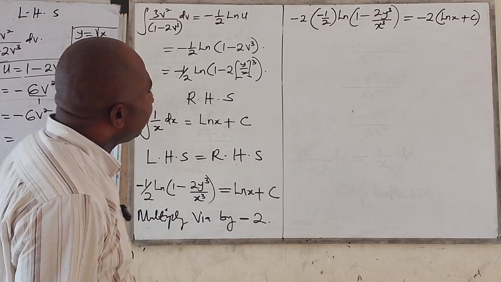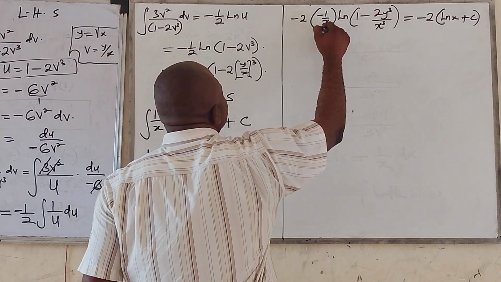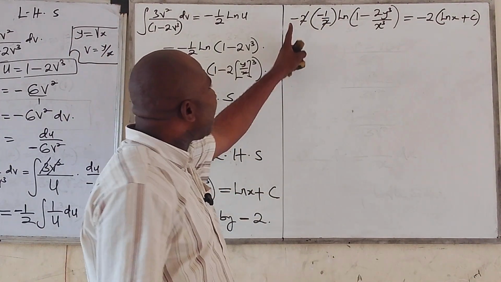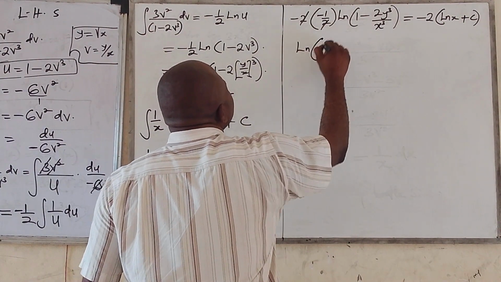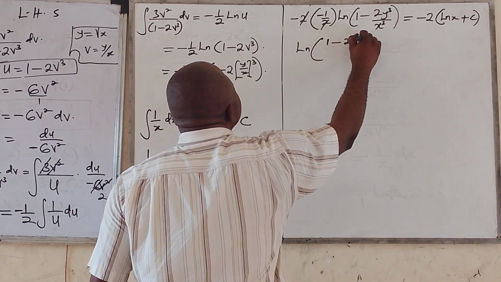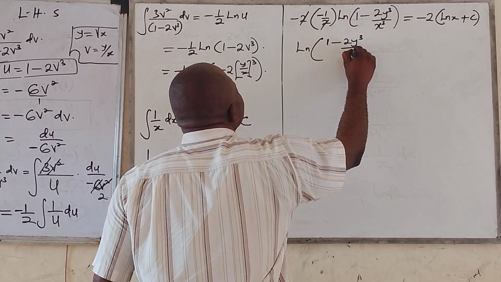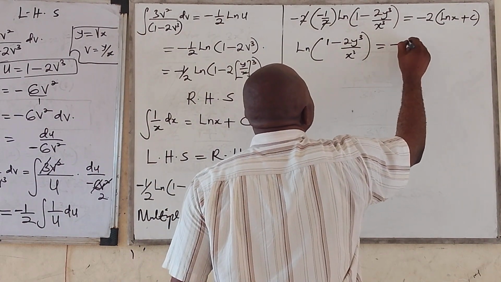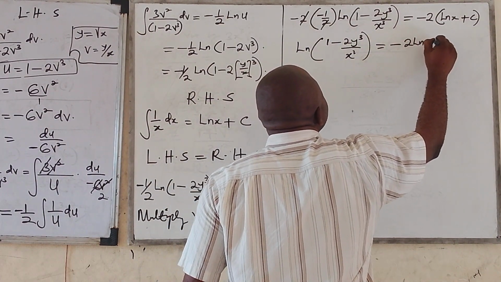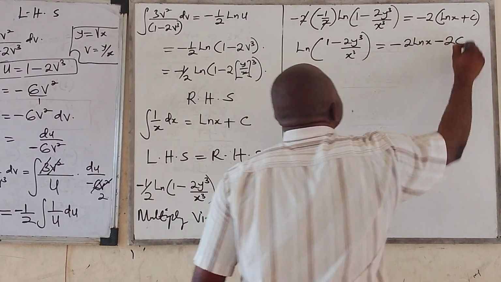This will go with this because minus times minus is plus. So here we have ln in brackets 1 minus 2y raised to the power of 3 all over x power 3 will be equal to minus 2 ln x minus 2c.